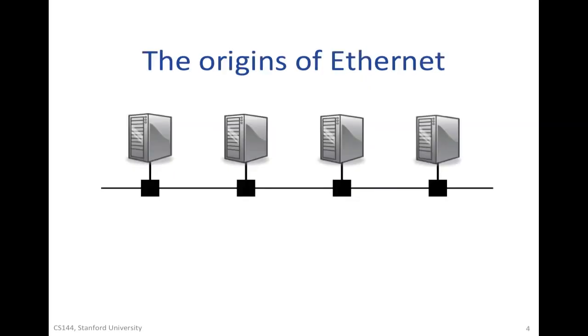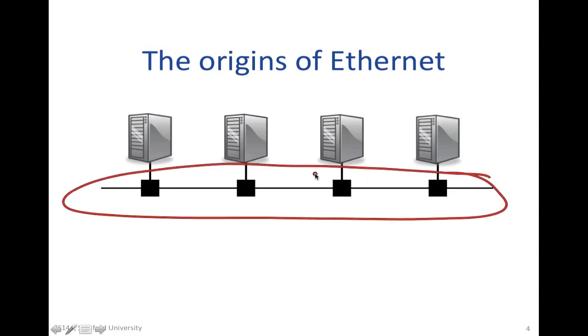Ethernet started out as a means to connect multiple computers together on a single cable. That single cable was arranged as a long string or a bus, as shown here. It was in fact a big thick yellow cable that snaked around either in the walls, the ceiling, or under the floor. And computers would be connected down into it. And then they're all sharing access to this same common wire.